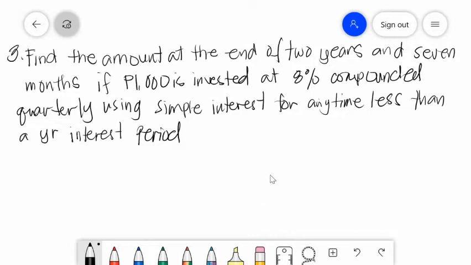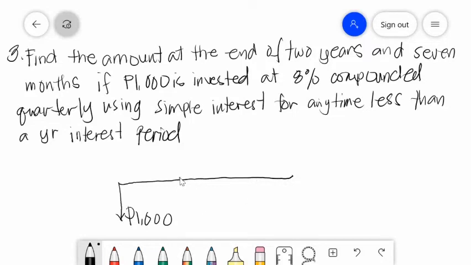So first, we will draw the cash flow diagram. This is the viewpoint of the investor. You invested money, which means you give, so the arrow goes downward. You invested 1,000 pesos. And the period is 2 years and 7 months.